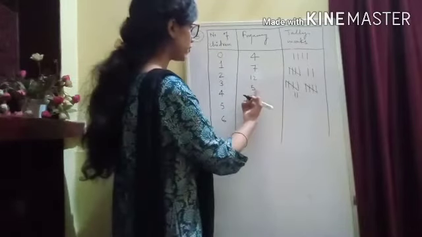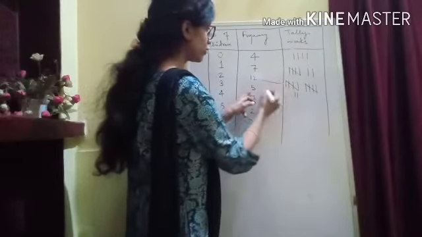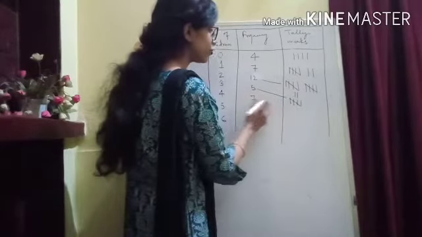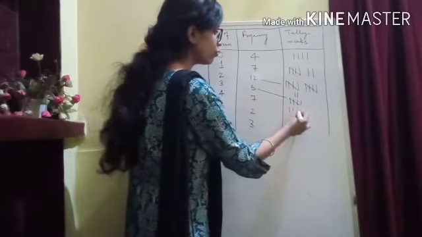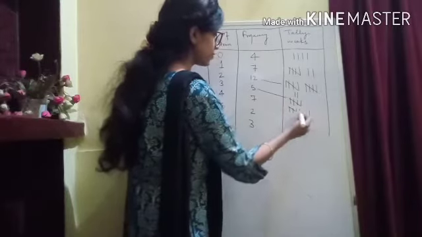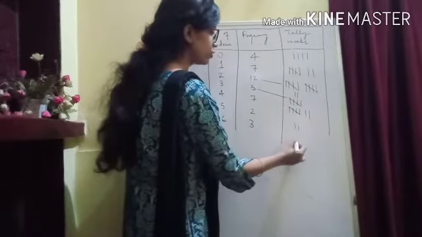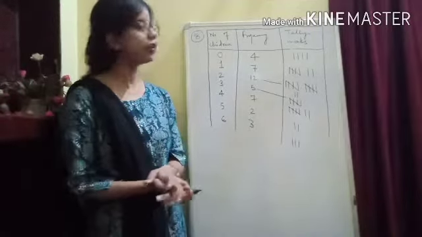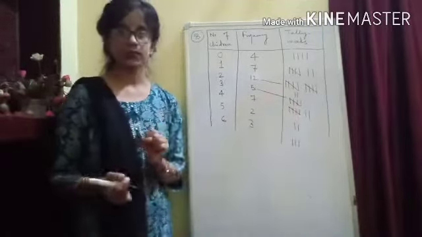Then for 5: 1, 2, 3, 4, 5. Then for 7: 1, 2, 3, 4, 5, 6 and 7. For 2: 1, 2, and for 3: 1, 2, 3. So this is how we prepare the frequency distribution table with the frequency and the tally marks.